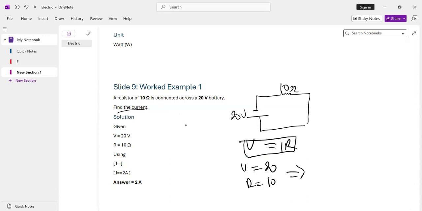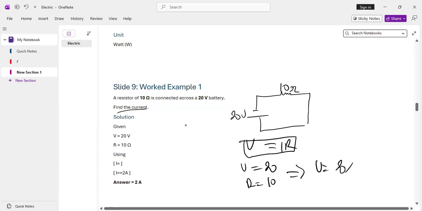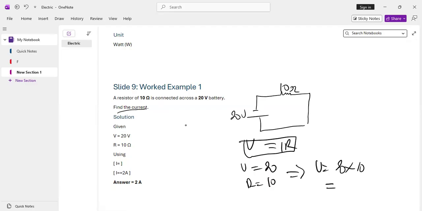So we now have that V is equal to 20 multiplied by 10... Sorry, we have V equals IR.